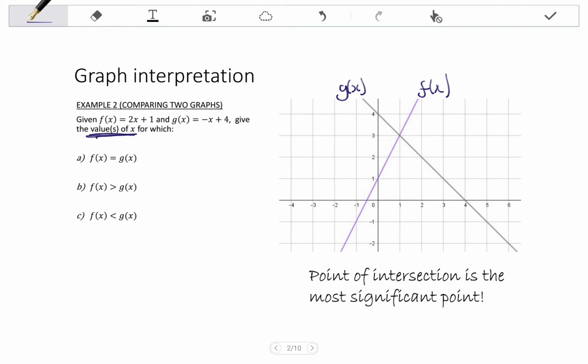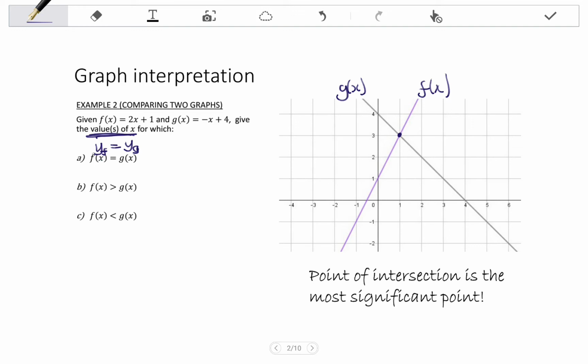The first question says where f of x equals g of x. Remember f of x is y. So the y coordinates of f must equal the y coordinates of g. Now where does that occur? That occurs at the point of intersection. At the point of intersection, both graphs have the same y coordinate.